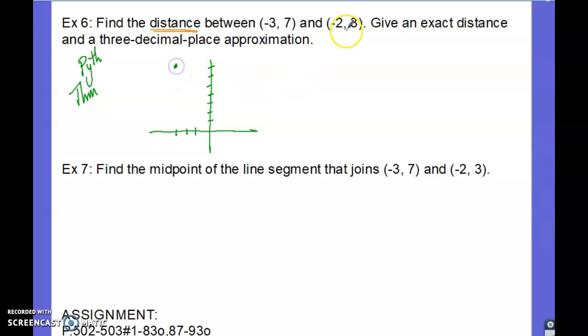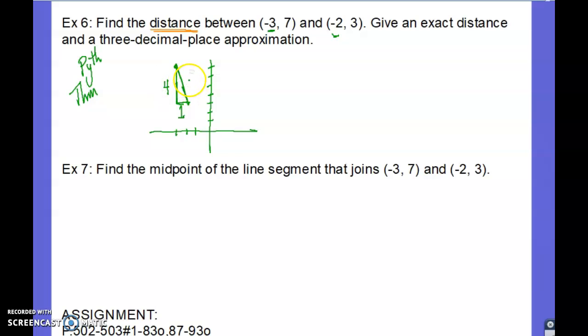It's up here, and then -2, 3. And if you create a right triangle, you can identify the lengths of the side, because to get from -3 to -2 means that this side length needs to be 1. And to get from 7 to 3, I know I'm going down, but it's a length of 4.